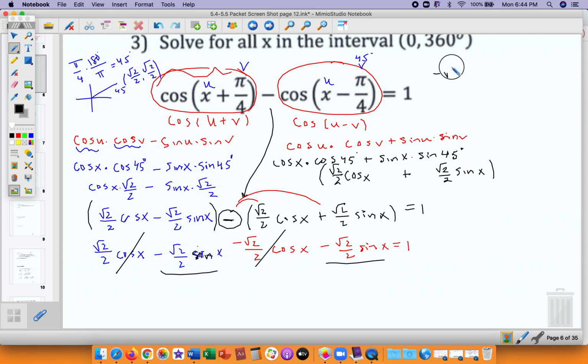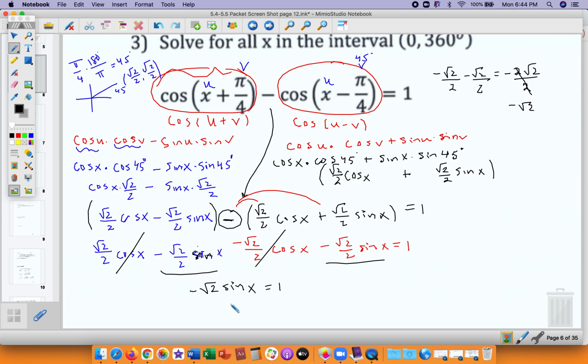If we have minus root 2 over 2 minus root 2 over 2, that would mean I have negative 2 of those root 2's, because they're like terms, all over 2. That cancels. So we'd have negative root 2. So we have negative root 2 sine x equals 1.